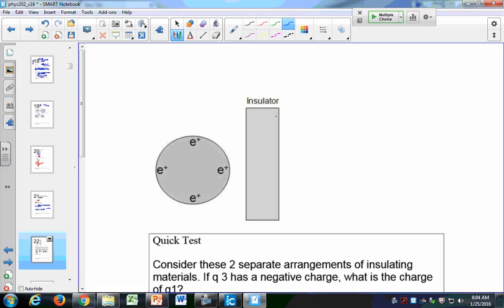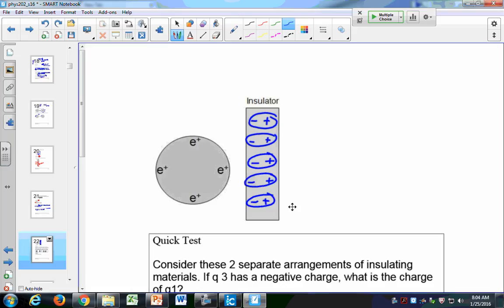The charges won't move around, but the actual molecules or atoms will realign themselves so that the negative side is up next to the positively charged object. So you can get this effect in insulators where they polarize themselves. The atoms or the molecules will sort of reorient themselves so that they become charged in that way.